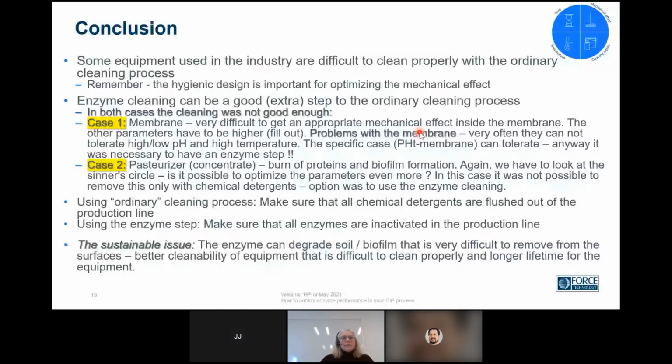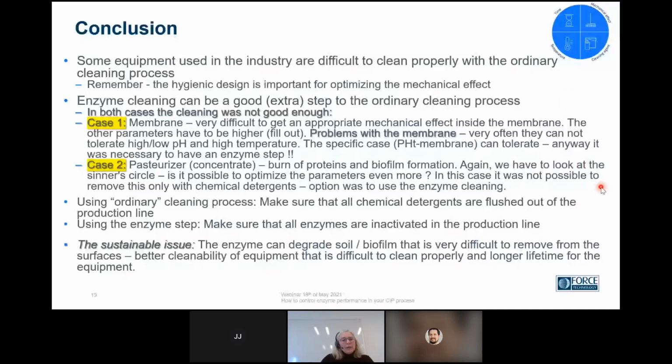The other parameters we have here in the center circle have to be higher to fulfill the circle. And then there are some problems when using membranes because they can very often not tolerate high or low pH and high temperature. In the specific case with a PHT membrane, they can tolerate higher pH and higher temperature. But anyway, it was necessary to have the enzyme step.